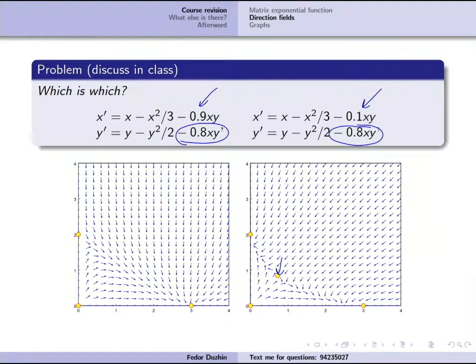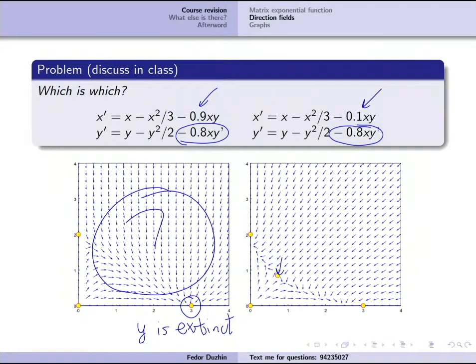But in the left plot, it is just not here. So in the left plot, the only stable equilibrium that we see is here, where only x is present, but y is extinct. But now we have to choose between two situations.